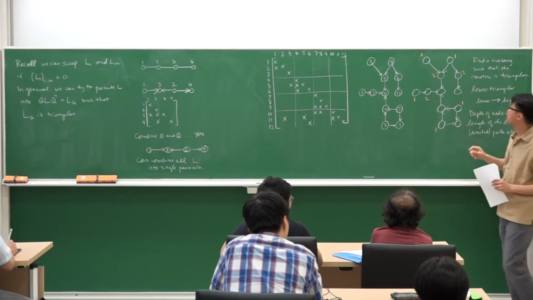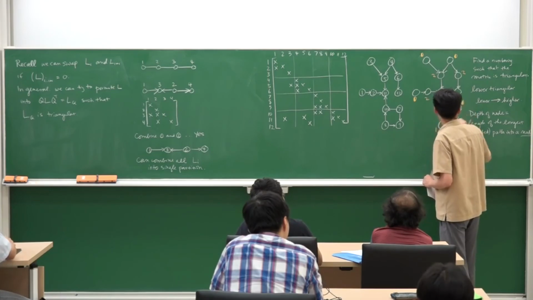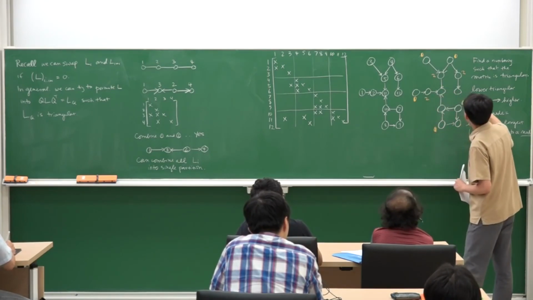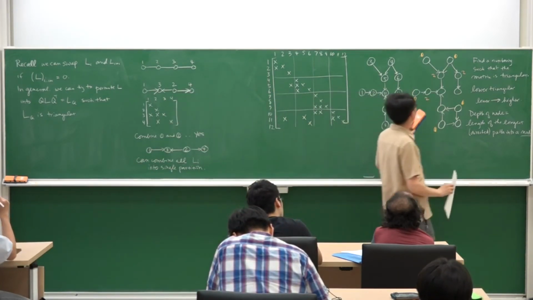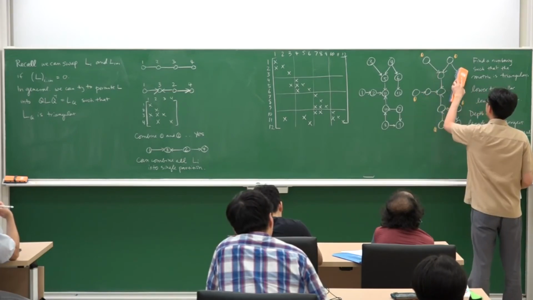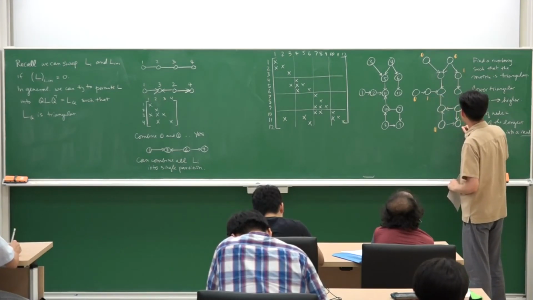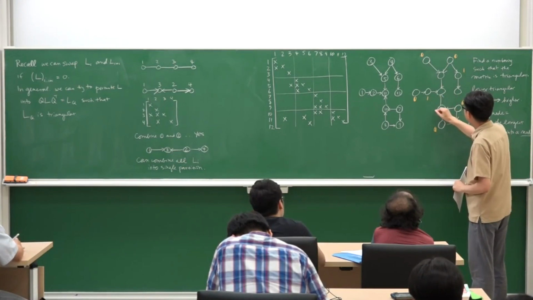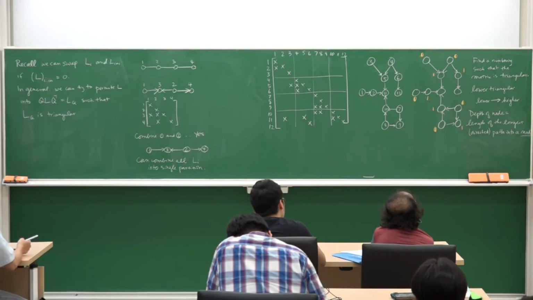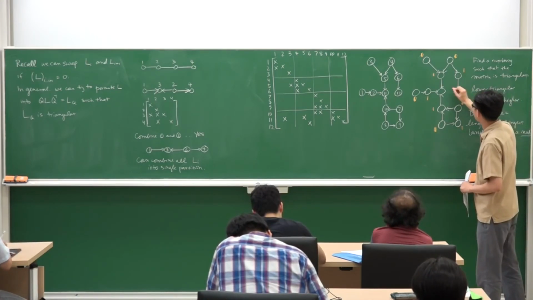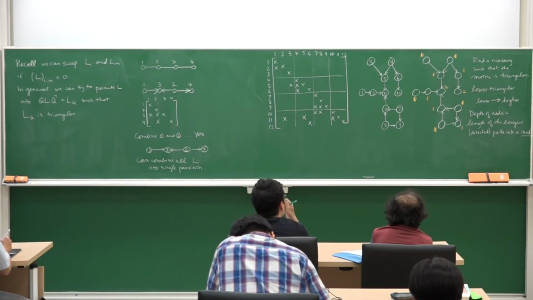Because I said that this should be called 0. So let me call this 0. And then all of these 2's should be called 1s. So this is a 1, 1, 1, 1. And this is a 1, right? And these are 2s. So I've labeled all of the depths.